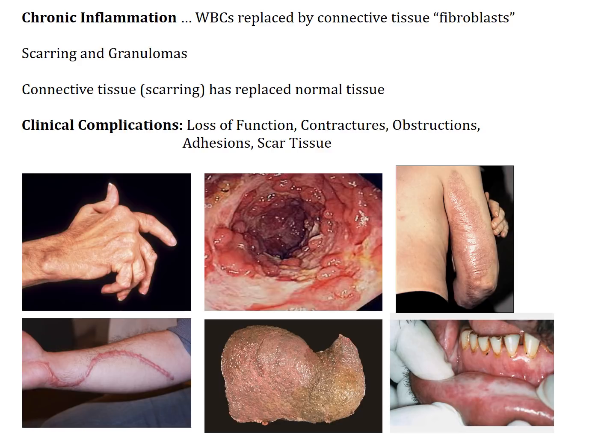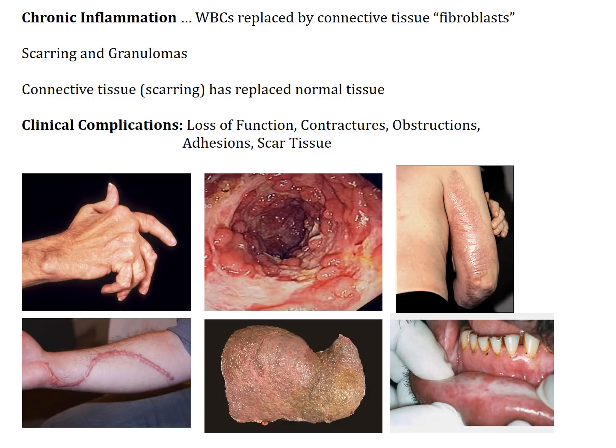Fibroblasts replacing normal tissue. That's called a scar, right? And what can that scarring do? That scarring can lead to loss of function of the tissue. It can lead to contraction of the tissue. It can lead to obstruction in lumens of tissue. It can lead to adhesion of one tissue to another, right? And this is all part of the chronic inflammatory process.